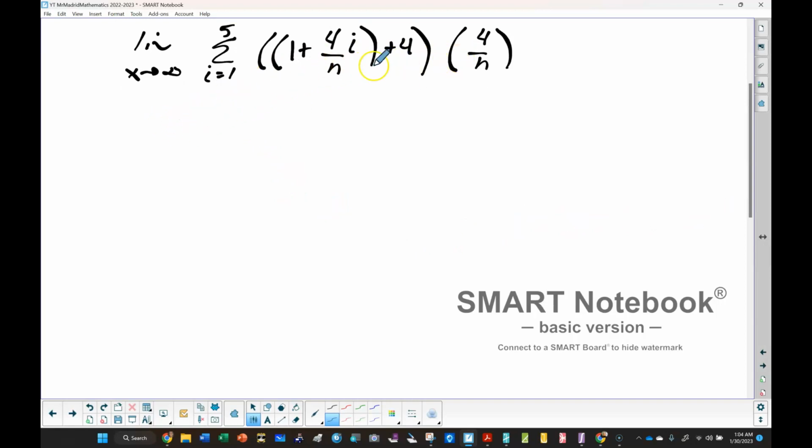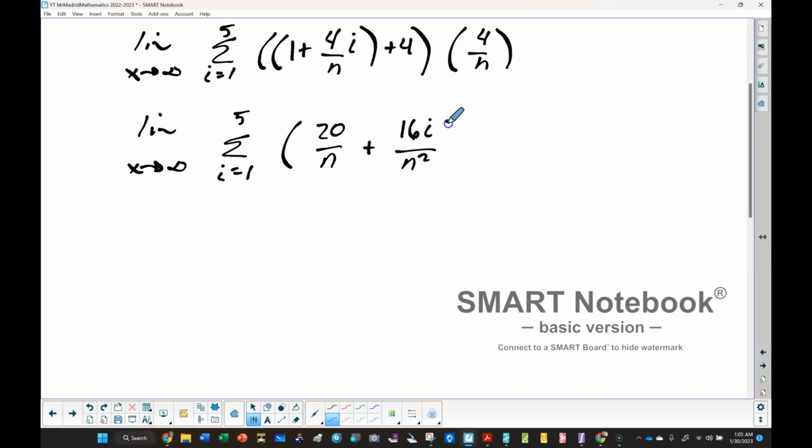Now let's clean up some of that algebra. What do we have here? We've got 5 times this, so we're going to go 20n. This times that, and now we've got this times that, which is plus 16i over n squared. Now we do what we do: Theorem 4.2.